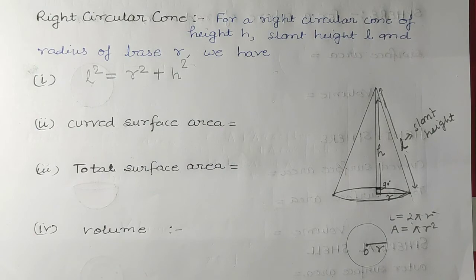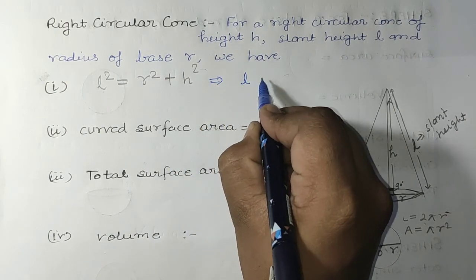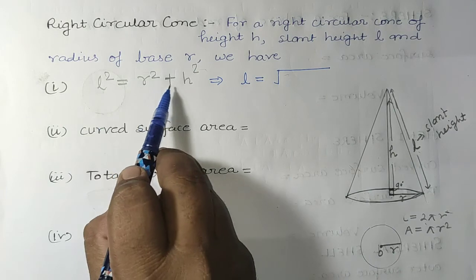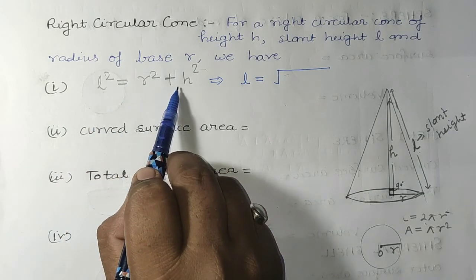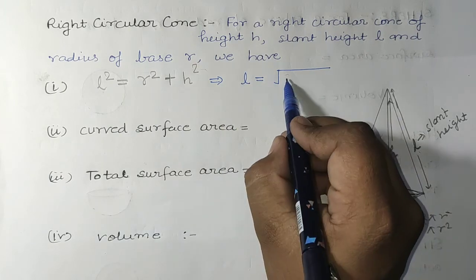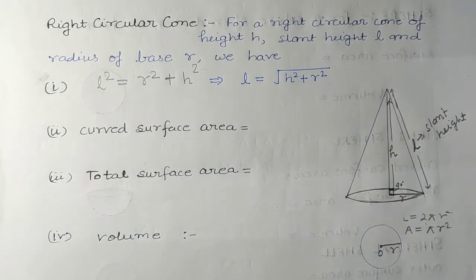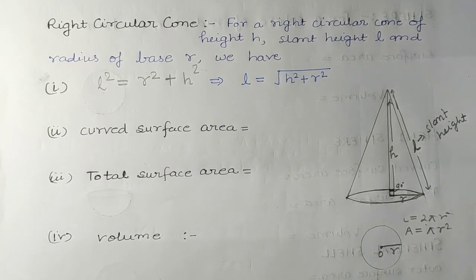This is the formula regarding slant height. When you take the square root of both sides, slant height is the square root of h square plus r square, or r square plus h square, both are the same. So this is the relation between slant height, perpendicular height, and the radius.